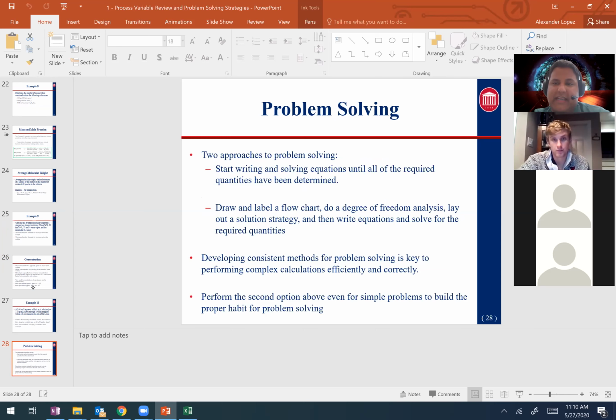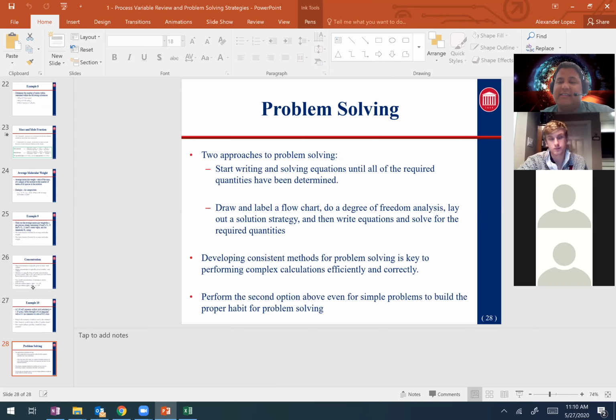Now, I mentioned this at the beginning of class, that there are 2 ways in which a lot of people like to work out these kinds of problems. You write the necessary equations you need, and you just plug and chug, get your solution, circle it, and move on.